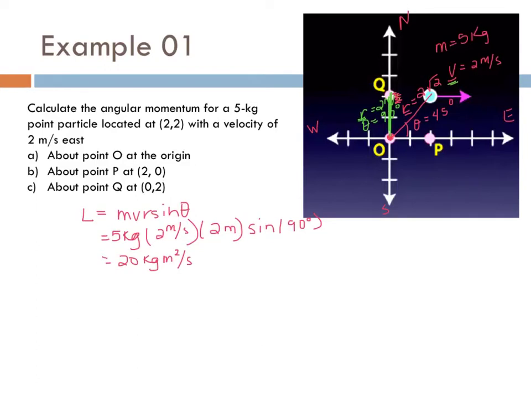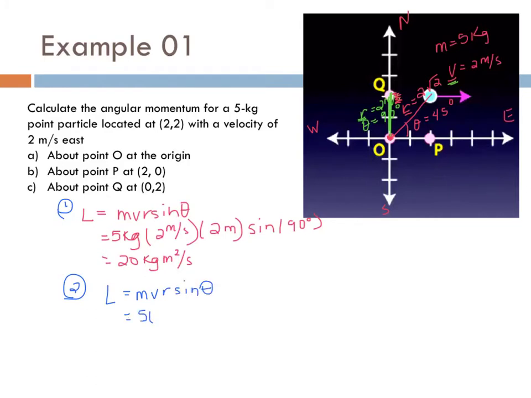Number 2 asks us to find it about point P at 2, 0. Again, angular momentum is mvr sine theta.